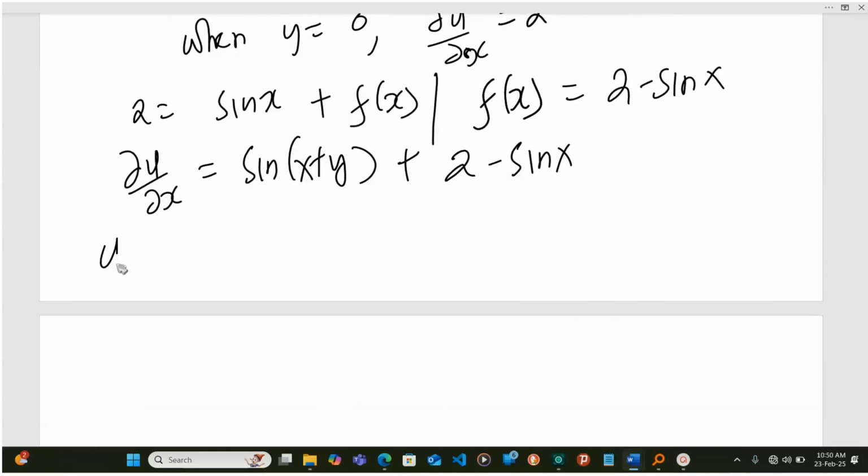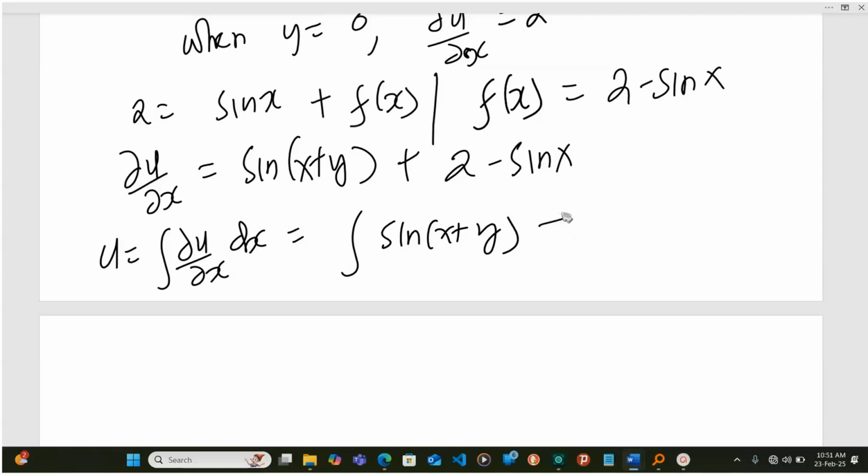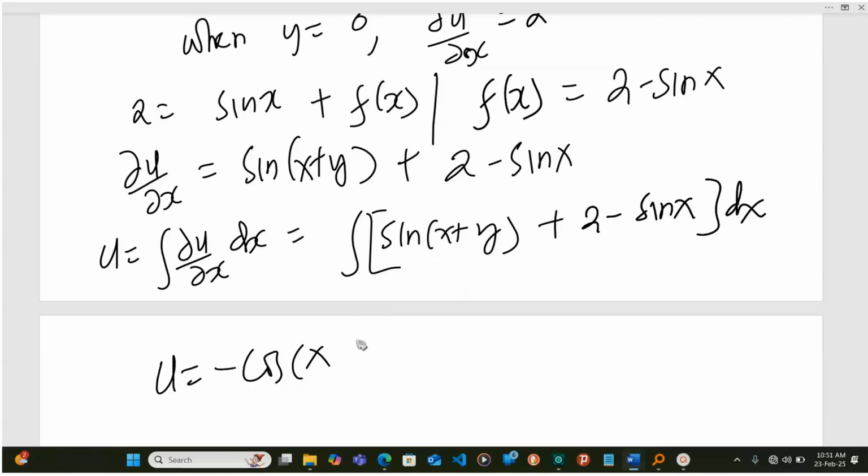Now to get u, we integrate partially this with respect to x. So this becomes integrating del u, del x with respect to x, equivalent to integrating sine of x plus y plus 2 minus sine x with respect to x. What does this become? I will have u equivalent to, of course, minus. Integrating a sine, you get a negative cos.